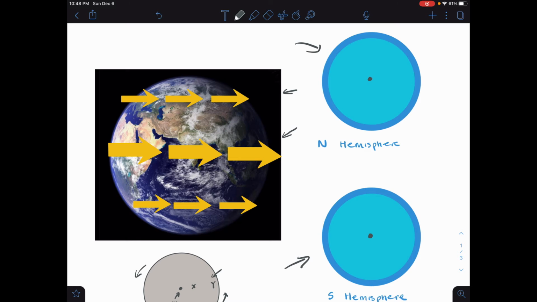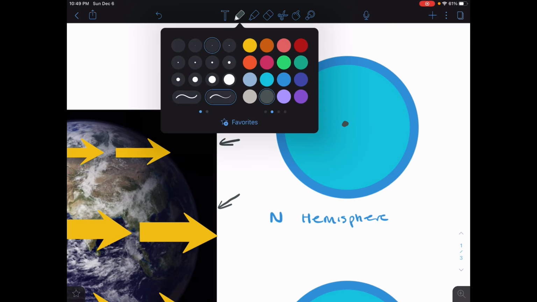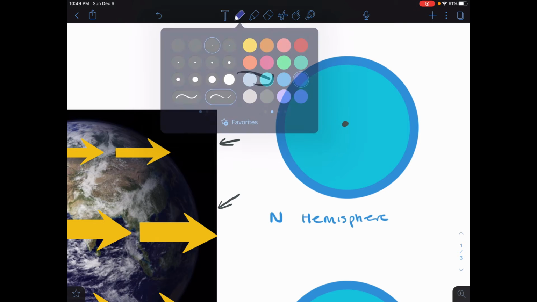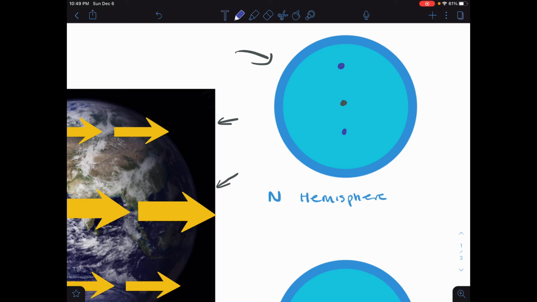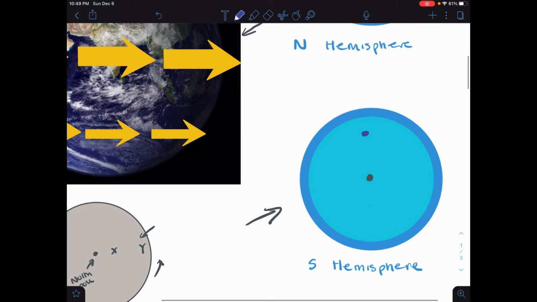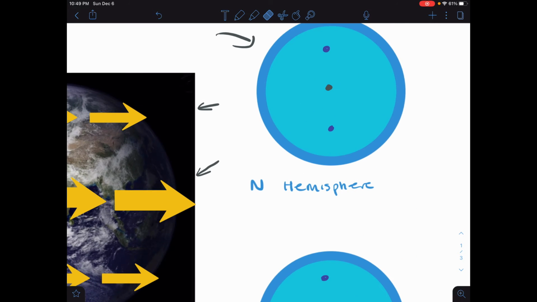So let's put some points on these pools. So this is a point, and this is a point, and this is a point. This is a point. So now, if I take this plug away, the water will start draining, and basically, these two things will start moving inwards.